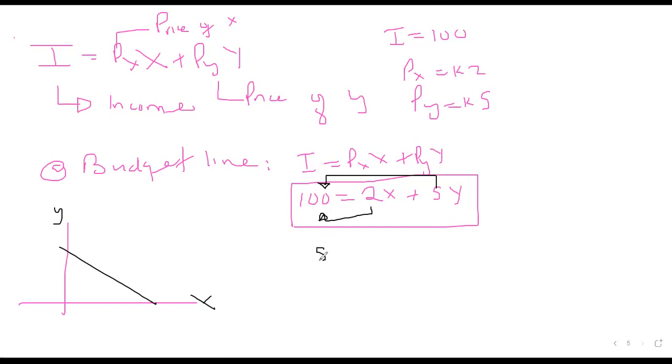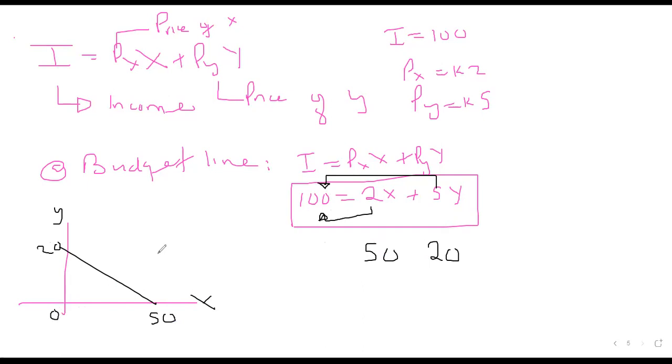What do we get? 50. And 5 into 100, what do we get? 20. So this equation will cut the y-axis at 20 and will cut the x-axis at 50. This is how we sketch budget lines.